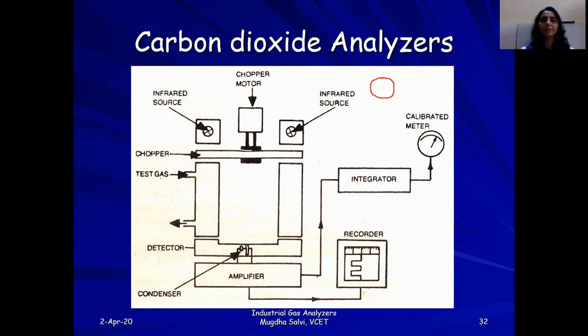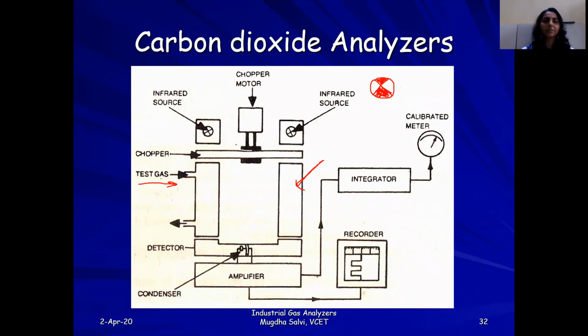This particular part is opaque, and light can once pass and once be blocked. There is a test gas, that means a sample gas that is entering, and in this there is a reference gas, which is CO2 again.